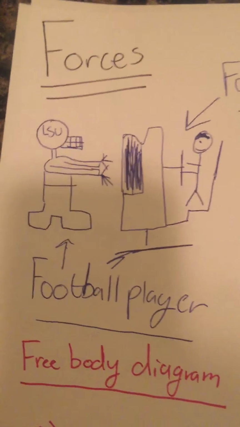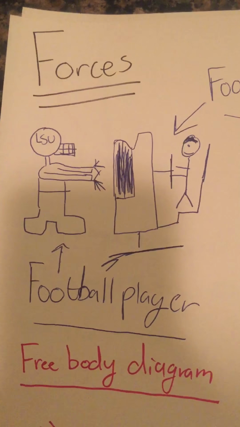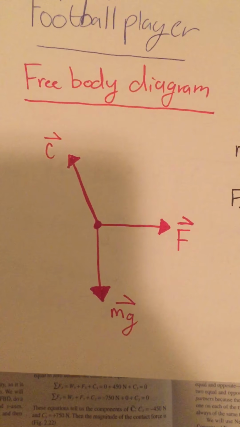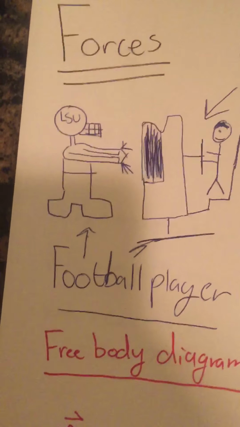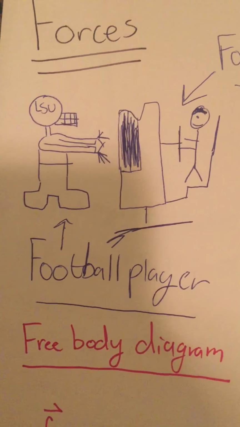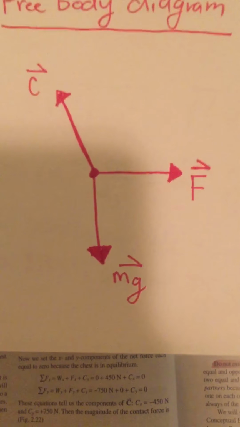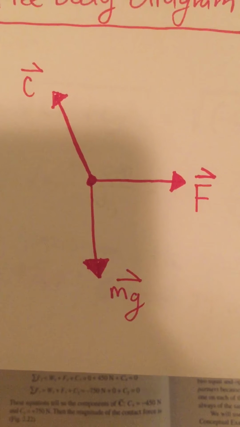Alright, so the first thing you do when doing a forces problem is you want to draw your free body diagram. And I've drawn it in red. The three forces we have acting on this problem from the football player pushing the football sled: you're always going to have gravity, which is pointing downward, and gravity is your mg force.